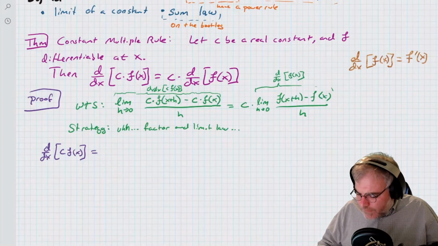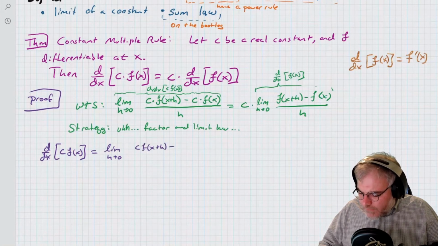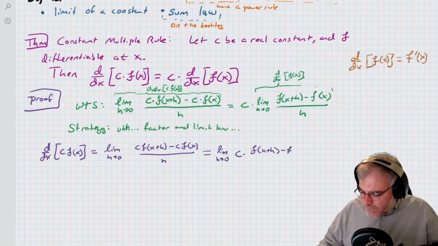So the derivative of this equals the limit as h goes to 0 of c f of x plus h minus c f of x all over h. Let's factor it a little bit: the limit as h goes to 0 of c times the quantity f of x plus h minus f of x all over h.